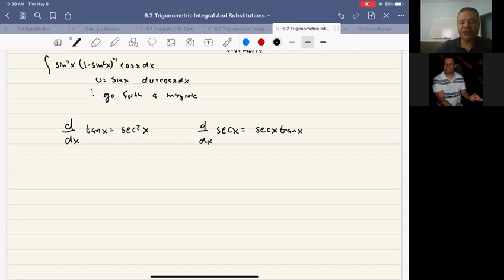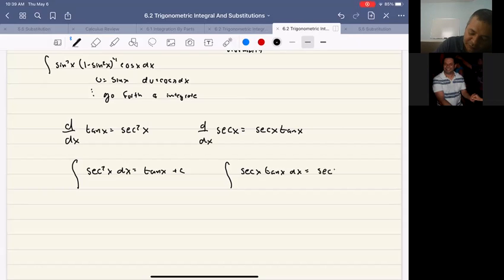Okay, so the integral of secant squared of x dx is then tangent of x plus c. The integral of secant x tan x dx is then secant of x plus c. Okay, so let's take a look at the integral.